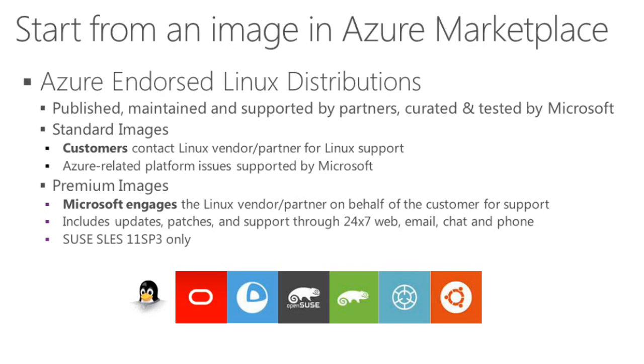So if you have a support agreement or a support contract with Microsoft, we'd be able to troubleshoot Azure-related platform issues. We also have premium images. Today, this is SUSE SLES 11 SP3. It's a different, elevated support experience, where as long as you have the support contract with Microsoft, that should be enough for you to engage with Microsoft.